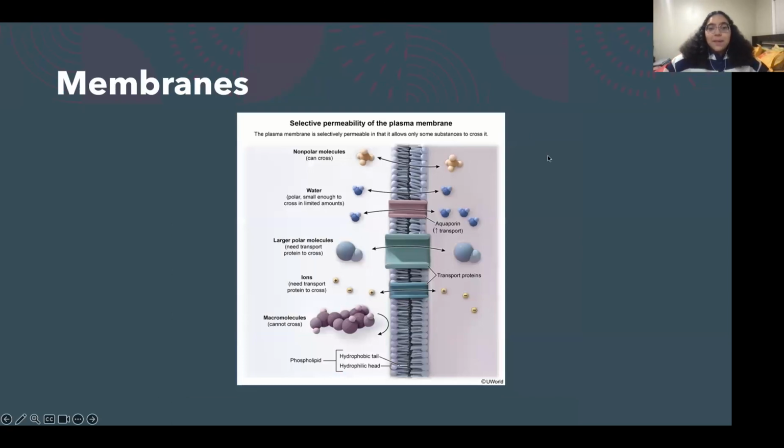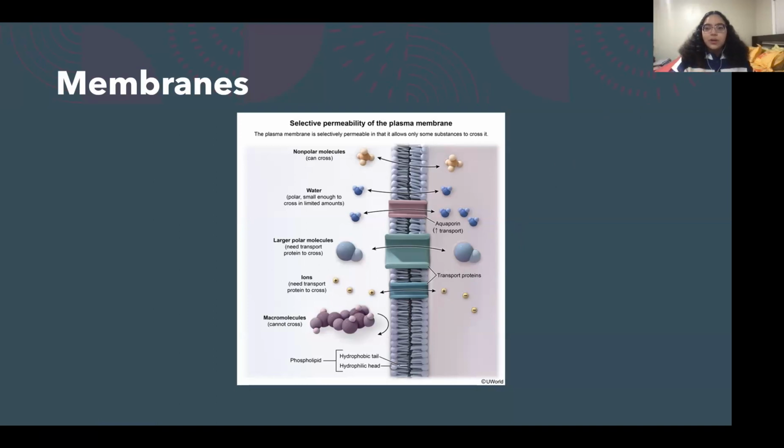Next thing, membranes are really important to know, I would say. The selective permeability of the membrane means only some substances can cross it with no energy. So nonpolar molecules can cross the membrane. Water is polar, but it's small enough to cross. Large polar molecules will need a transport protein.